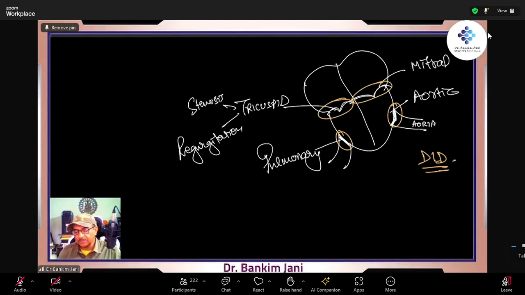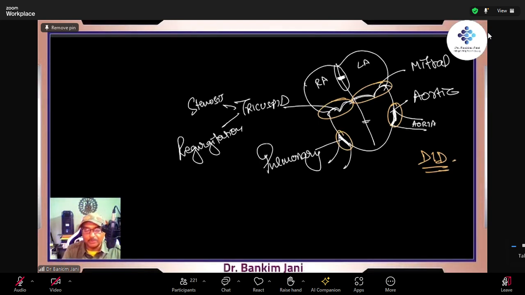In some cases, it will be so evident that you will see the patient and instantly say. Not only that, there can be a septal defect. This is the right atrium, left atrium, and if there is any gap in this portion, people often say there is a hole in the heart. The hole is not in the wall of the heart, but in the septum between the chambers.